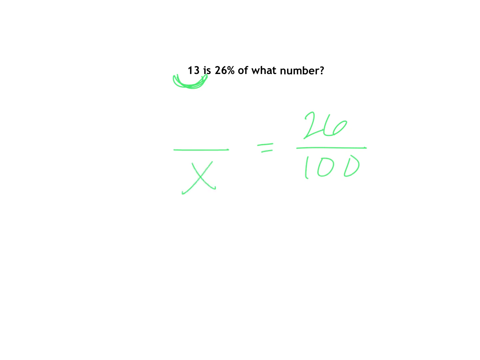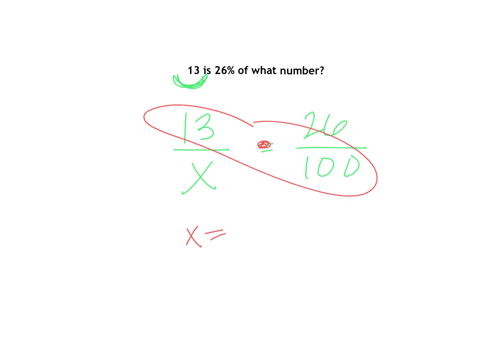I don't know what we're taking the percent of in this equation, but I know that when I take 26% of it, I'm going to get 13. Okay, then I solve, and I do 13 times 100, and then I divide by 26. And I get x equals 50.